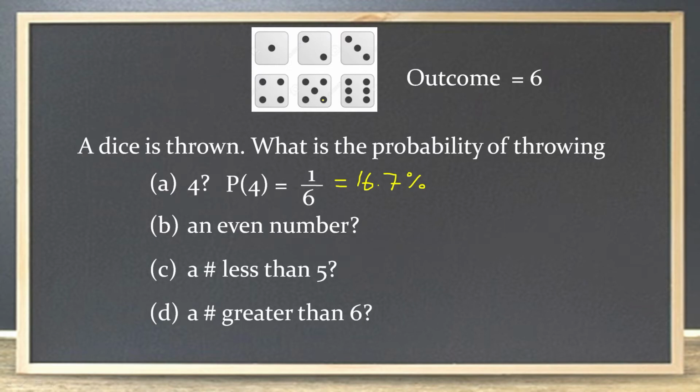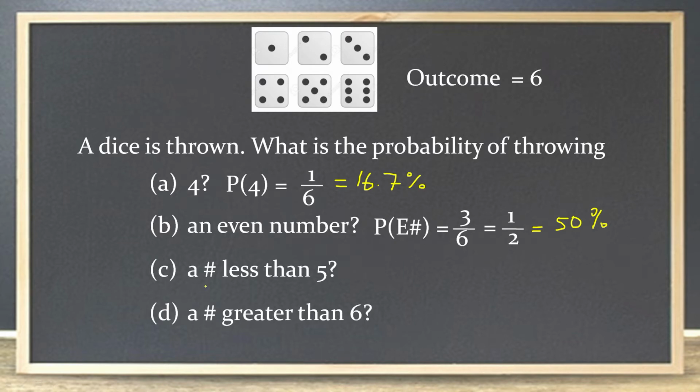So those 3 possible ways are the event. So the probability of obtaining an even number is equal to 3 divided by 6. 3 divided by 6 is 1 over 2, which is 50%.